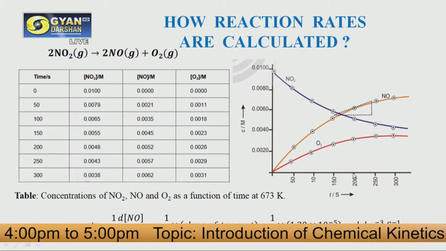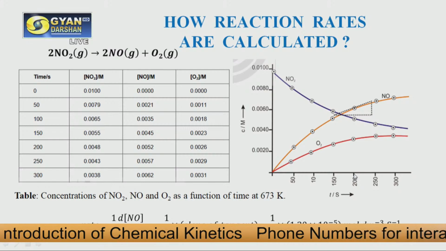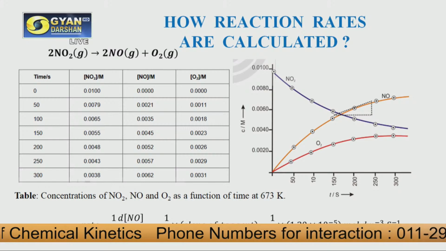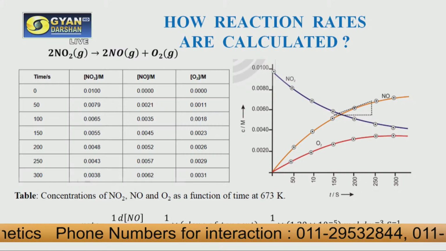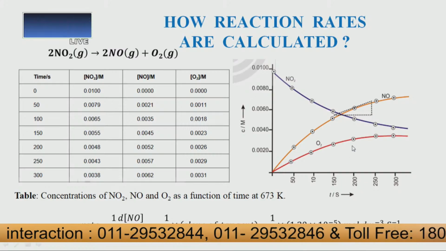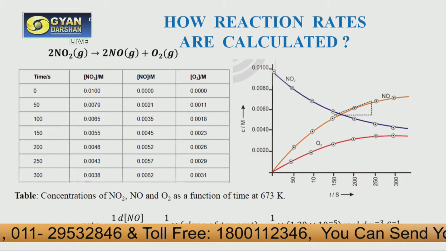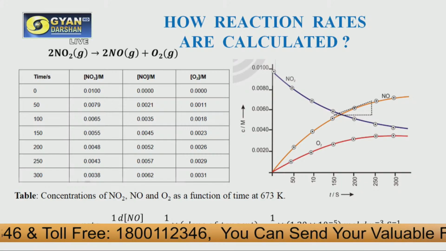And if we want to calculate the rate of the reaction at 200 seconds, we simply calculate the slope of the tangent at 200 seconds, and we can get the rate of this reaction. So the rate is calculated from the experimental data.